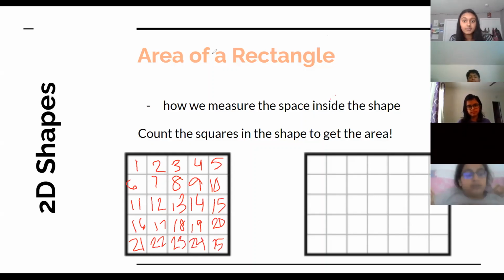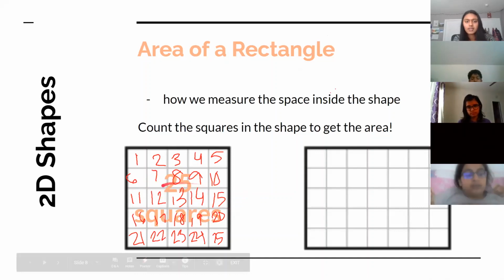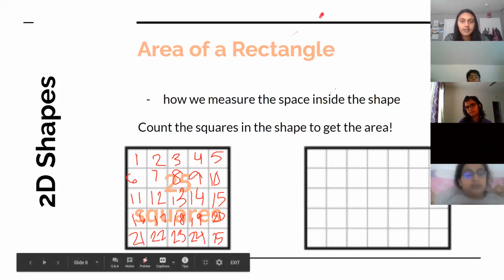So our answer is going to be 25 units squared, or 25 squares. We'll leave it on that for now. So that's going to be 25 squares.